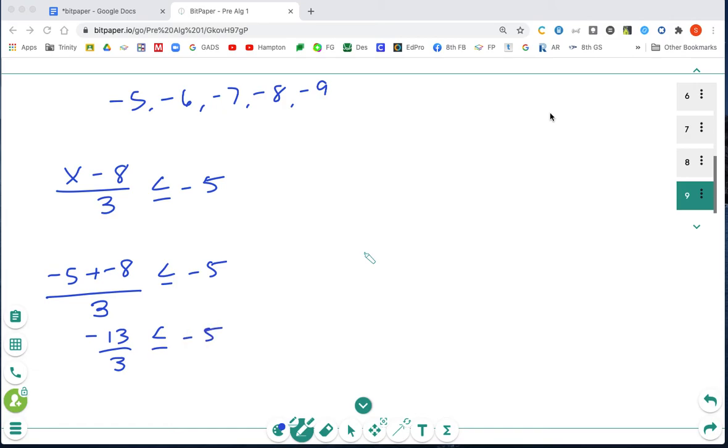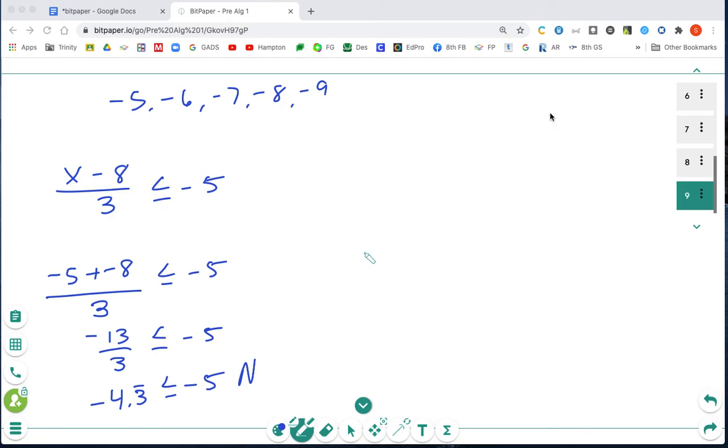We put negative 13 divided by 3 into the calculator, and we get negative 4.3 repeating is less than or equal to negative 5. Remember that the negative numbers that are closest to 0 or closer to 0 are bigger. So this one does not work. So this is no. So let's do the next one.